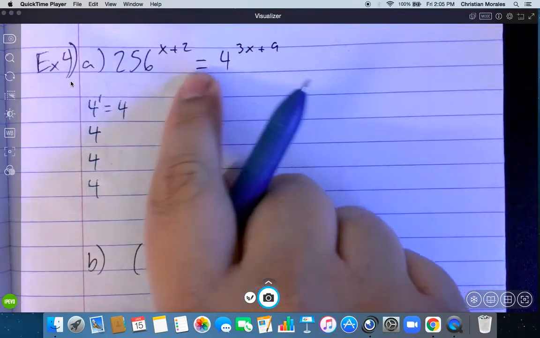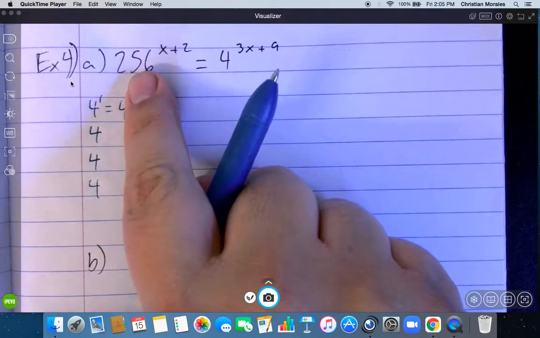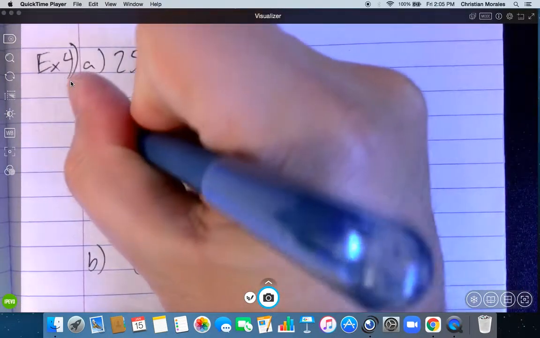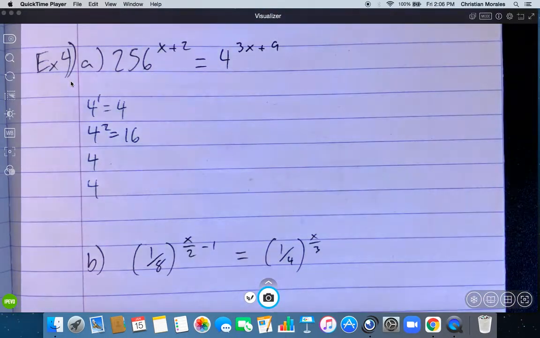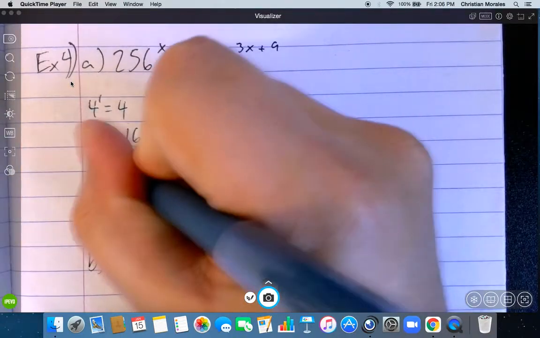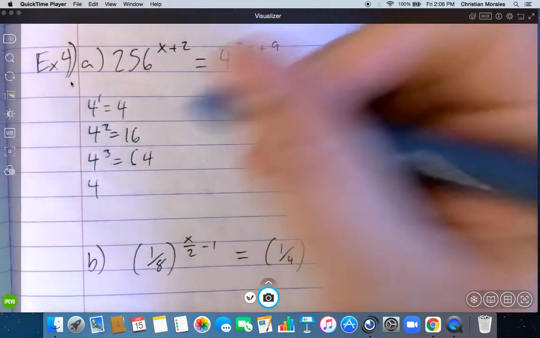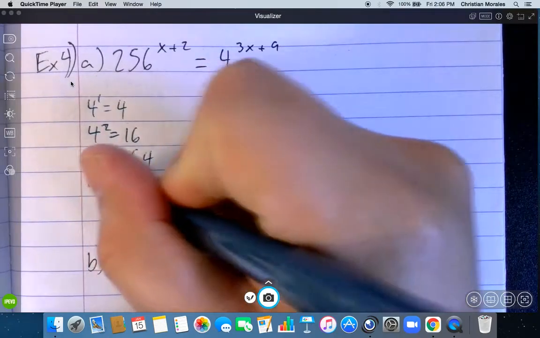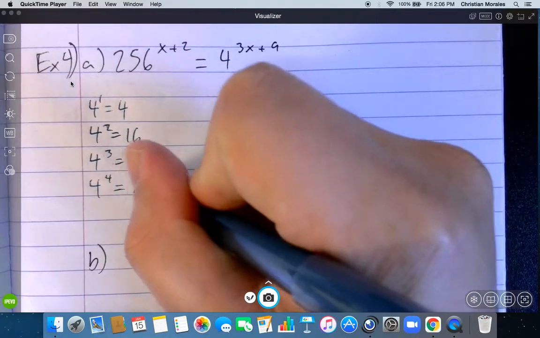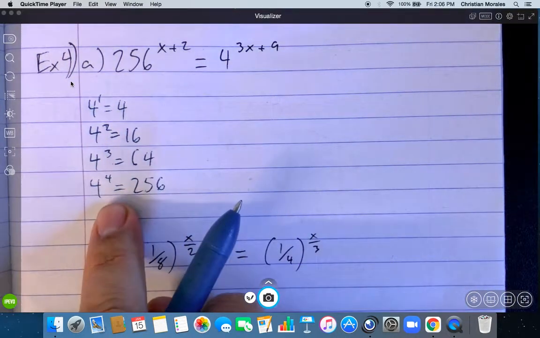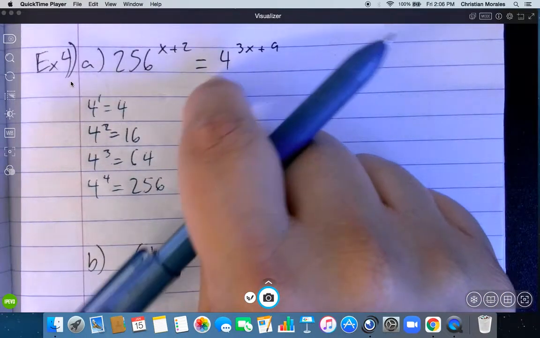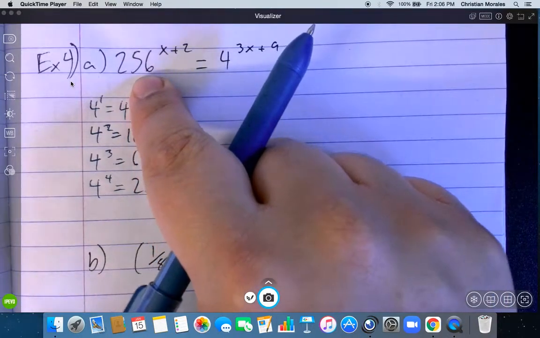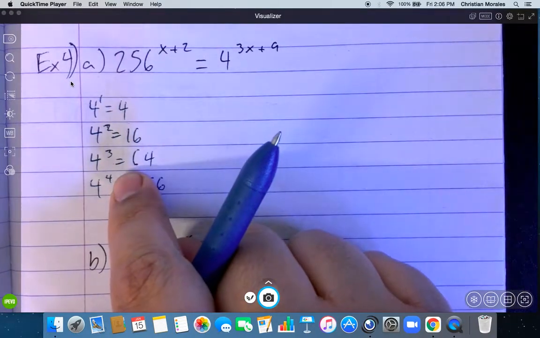And usually what they'll do for these problems is they'll choose a number that is a multiple of 4. 4 to the second power is 16, because 4 times 4 is 16. 4 to the third power is 64. 4 to the fourth power is 256. So in these problems, generally they'll give you the smaller number, and your job is to turn that bigger number into a 4 using exponents.